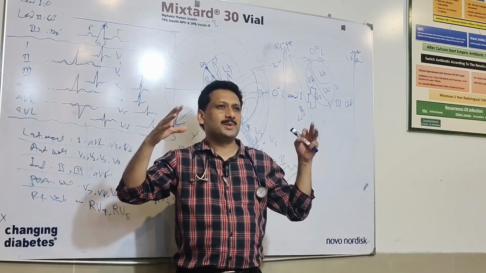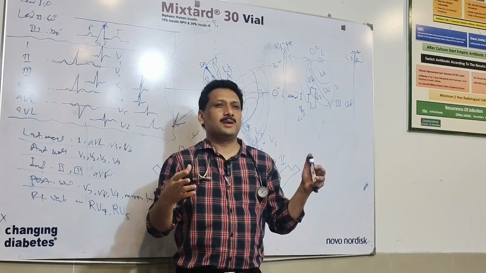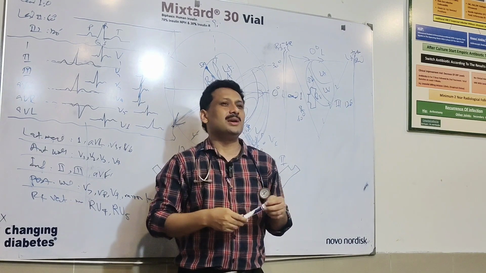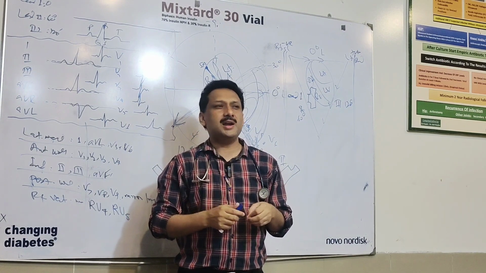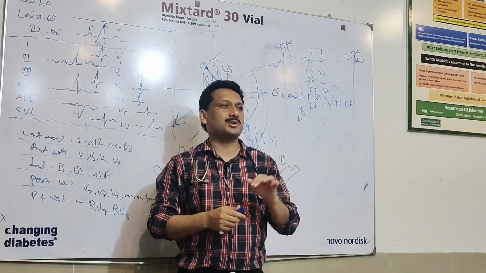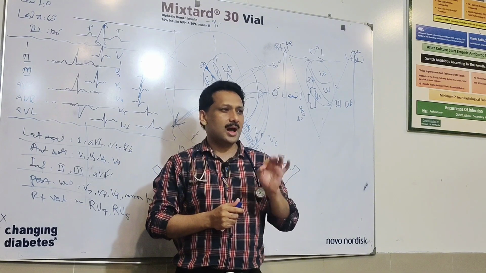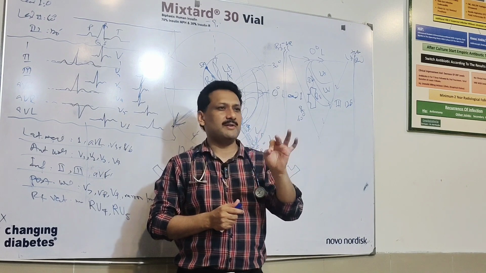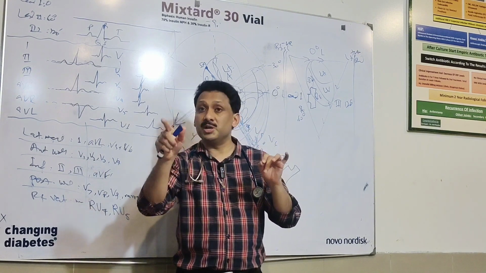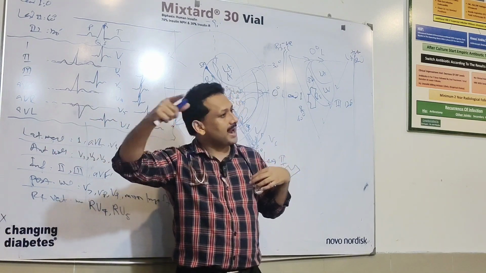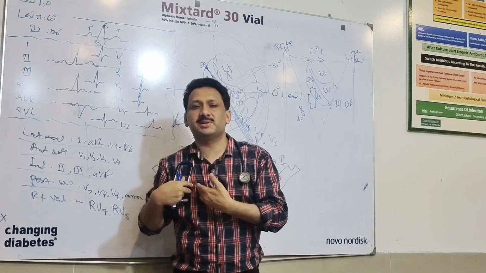Now if I am seeing a patient and have a suspicion he is having right ventricular infarction, which leads would you be focusing on? RV4, RV5. So you need to get his additional ECG done. You would be adding a right-sided ECG in that person as well.